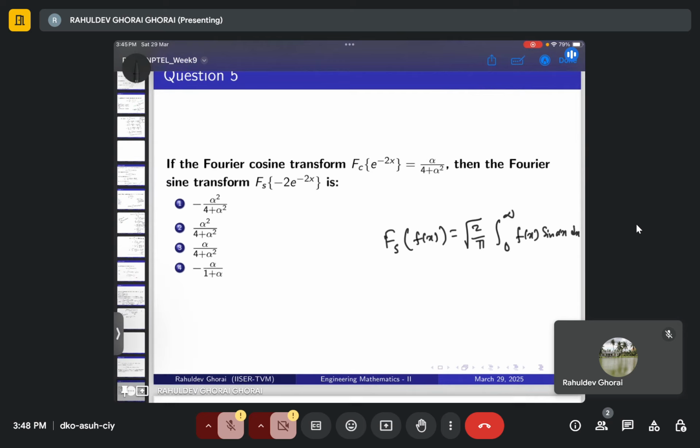So what they say is, mainly you can write f(x) as the integral from minus infinity to infinity of F(alpha) times e to the power minus i alpha x d(alpha).